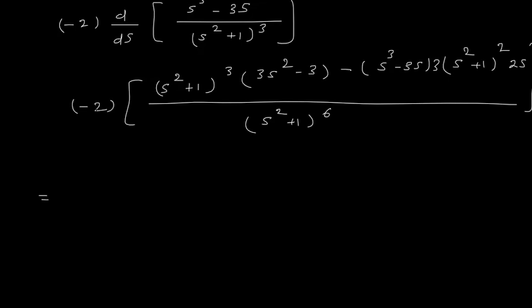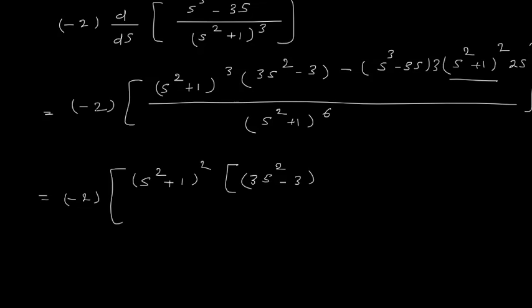So this is equals to minus 2. Now s square plus 1 the whole square you can take common. So s square plus 1 the whole square we take common, and now inside bracket it is 3s square minus 3 into 1 s square plus 1 is here.